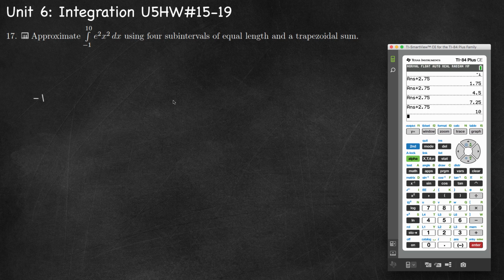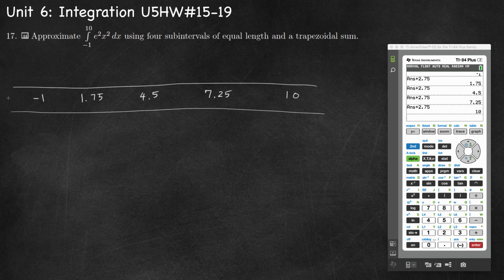So -1, 1.75, 4.5, 7.25, and 10. Those are my x values.